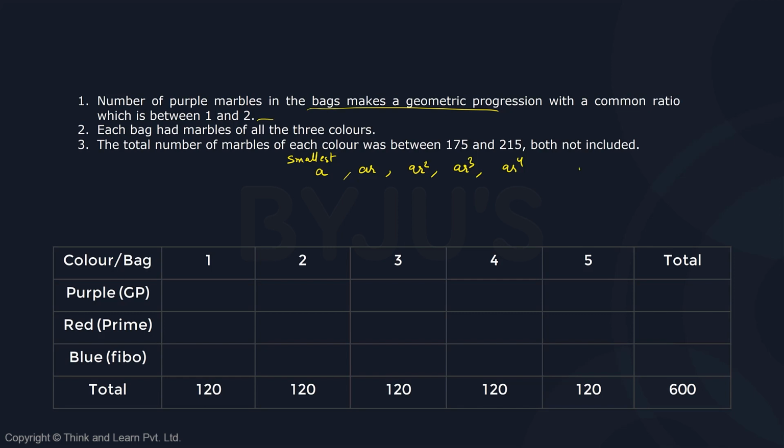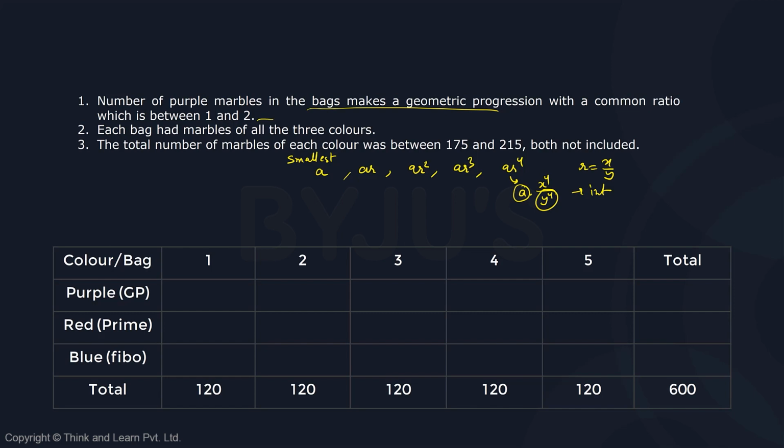So let's say R is in the form of x upon y. So now this term will be A into x to the power 4 upon y to the power 4. Every term must be an integer, right? So for this to be an integer, A must be a multiple of y raised to the power 4.